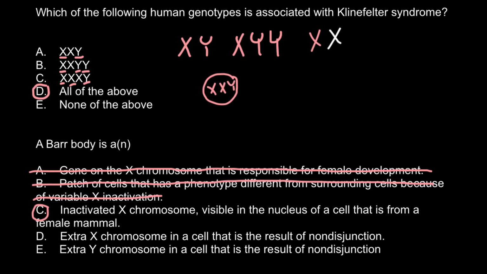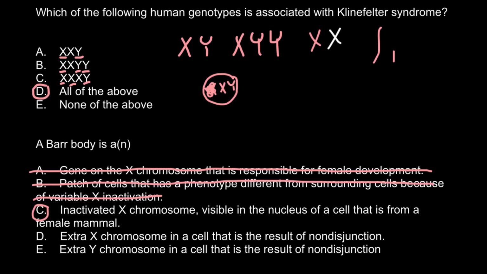Of course, the Y chromosome doesn't look like the letter Y. The X chromosome looks like this, and the Y chromosome just looks like this. So one of the X chromosomes would be inactivated and would form a Barr body. So this is a male, but we also would find a Barr body here attached to the nuclear envelope.